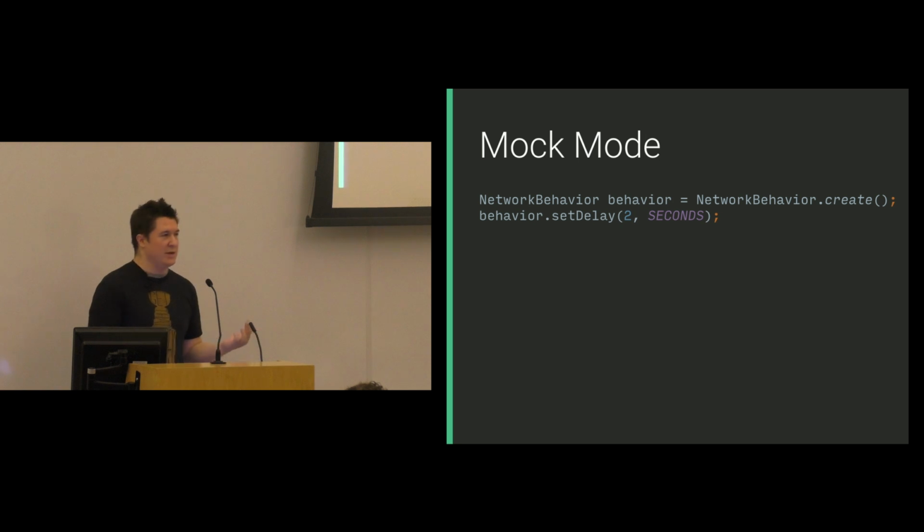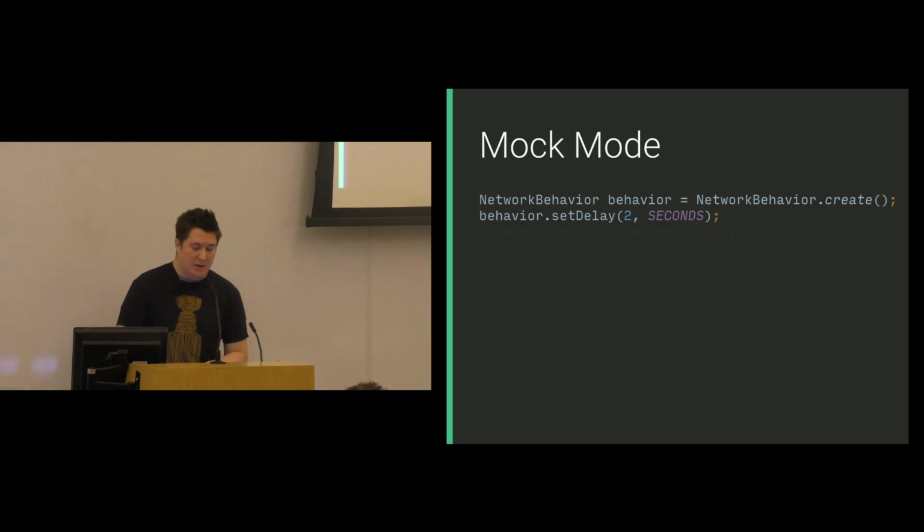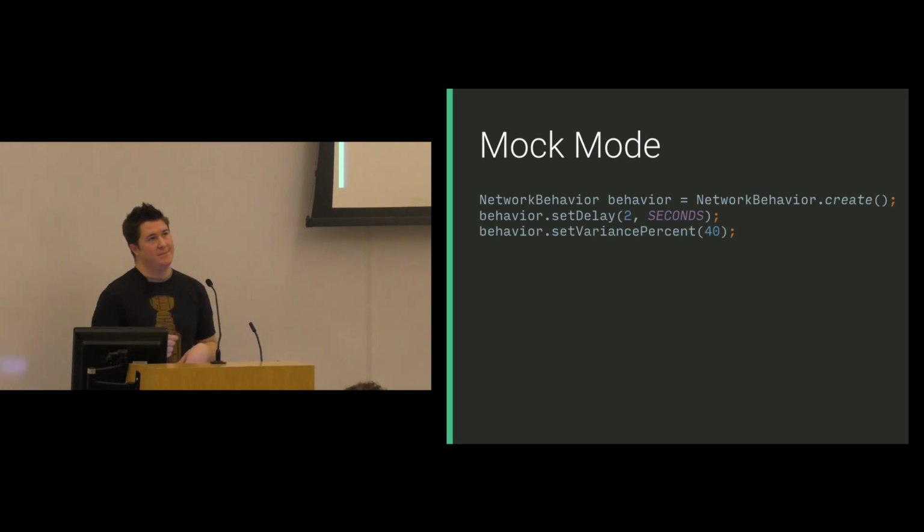By default, it's 2 seconds, so everything just takes 2 seconds. Whether it's synchronous or asynchronous, it's going to take 2 seconds. We also give you a variance, which gives you a plus or minus on the 2 seconds. So it'll be 40% faster, 40% slower, just somewhere randomly between those two to give you the feel of a network which changes delay over time.